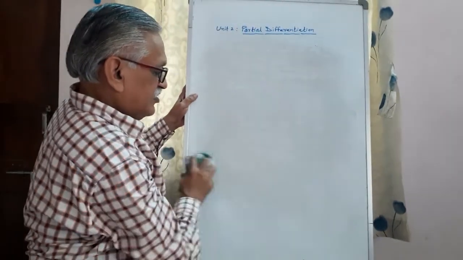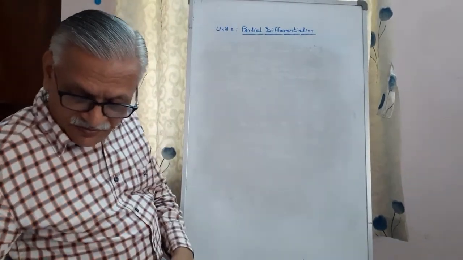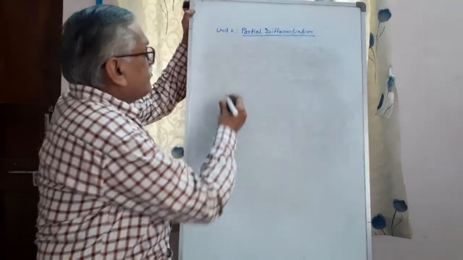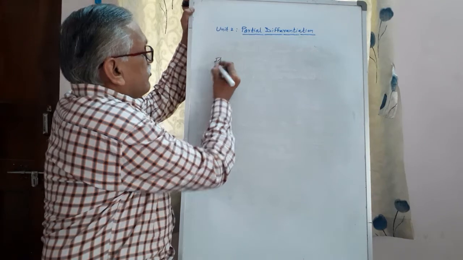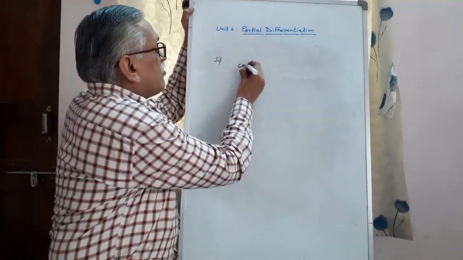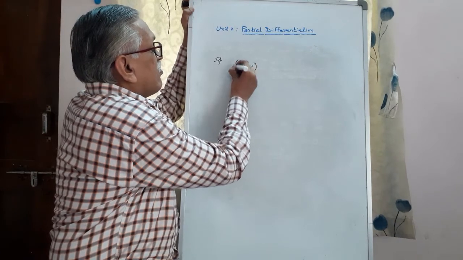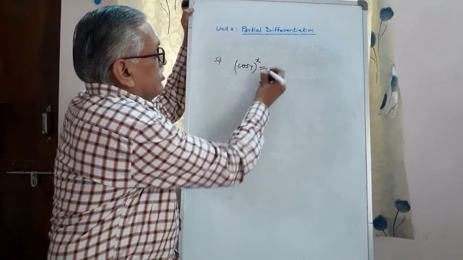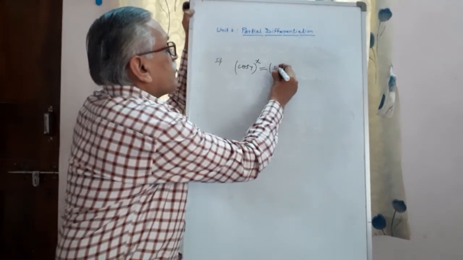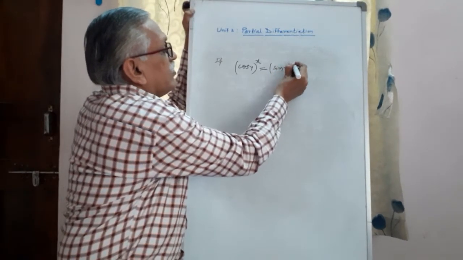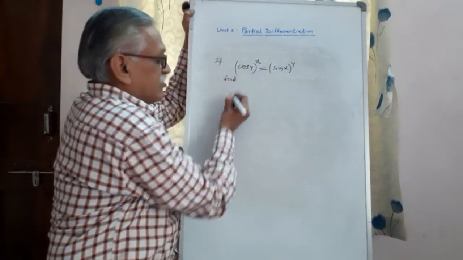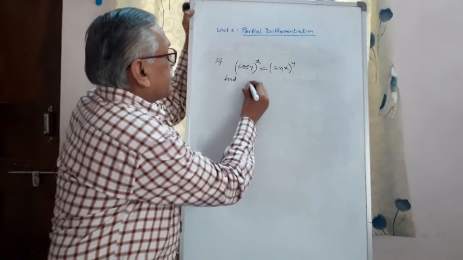The third type of problem: if cos y raised to x is equals to sin x raised to y, then find dy by dx.